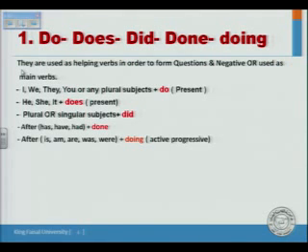When we have verbs to be in the active progressive, we use doing. All verbs after verbs to be, when the sentence is active, are followed by ing. Keep this in mind.